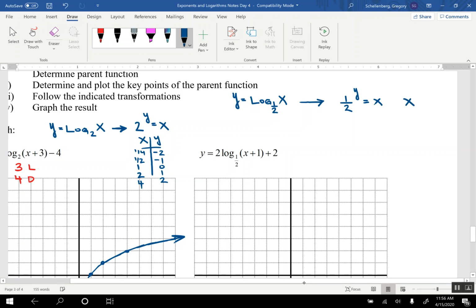And we can just do a quick table of values. Again, selecting values for y. Okay, so -2 is our exponent. Reciprocate the base, it becomes +2. Squared is 4. Then 2, 1, 1/2, and 1/4.